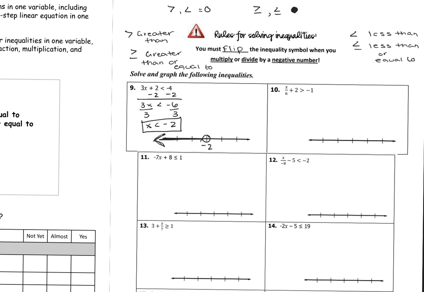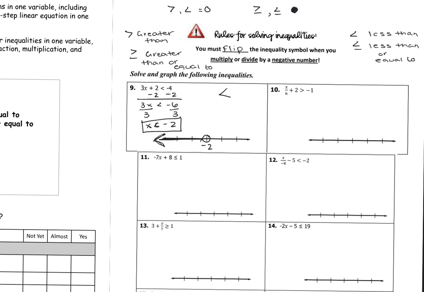A little trick that I like to use is when your variable is on the left, you can use your inequality sign as an arrow. So looking here, I have that x is less than negative 2. Since my inequality is less than, the arrow is telling me that I shade left. That only works when your variable is on the left-hand side.